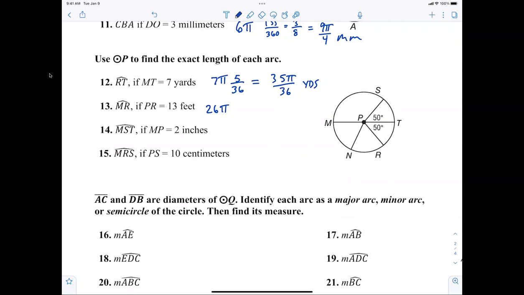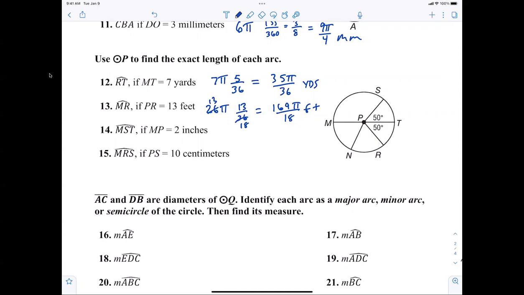So now instead of putting 130 over 360, just put 13 over 36. And now what's nice, these can reduce. 13, 18. So now we have 169 pi over 18 feet. Everybody's good with that?